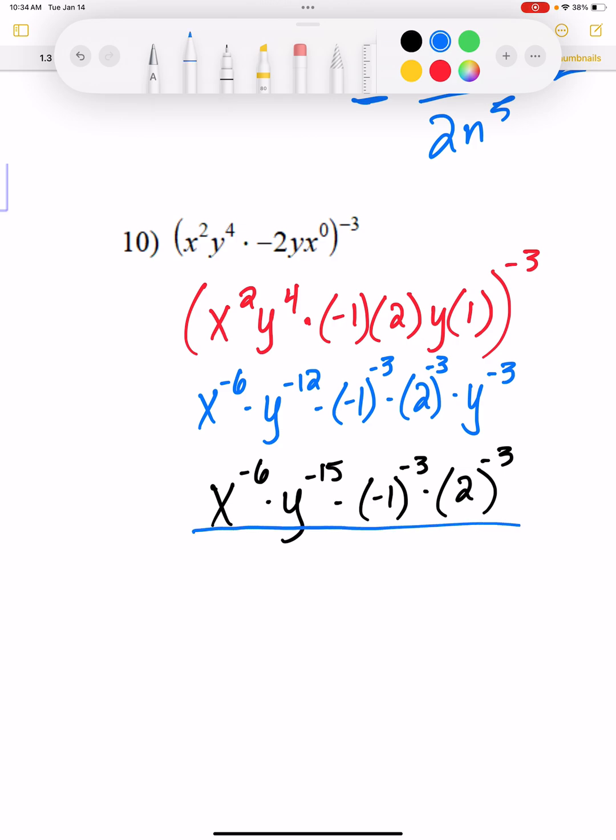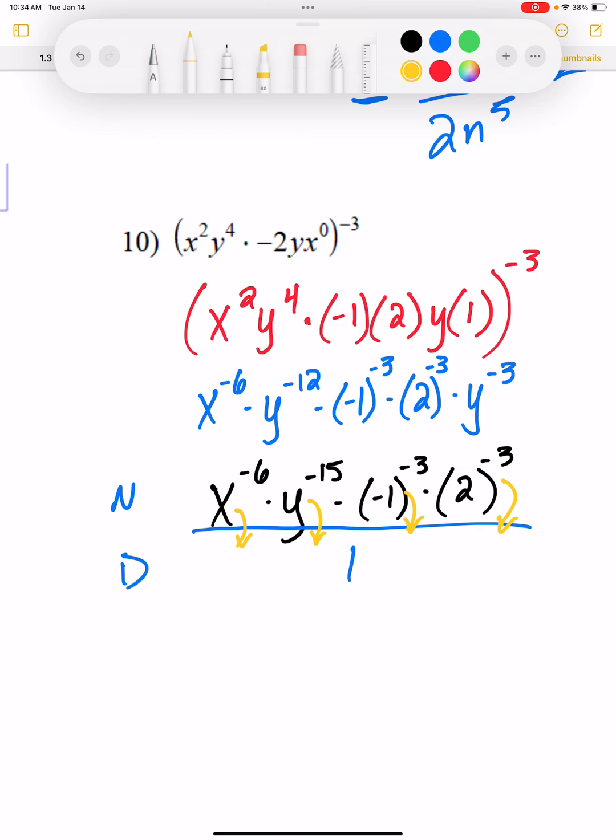So I'm going to think of this like a fraction bar. Everything up here is numerator, down here is denominator, right? Well, all of these have negative powers. So that goes to the denominator, that goes to the denominator, that goes to the denominator, that goes to the denominator.